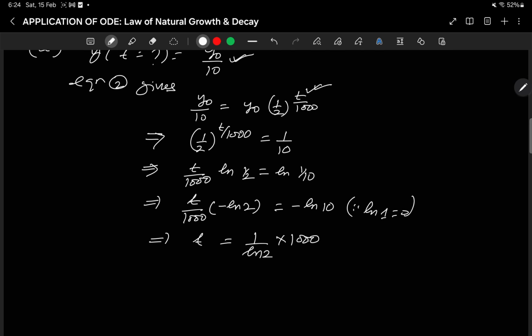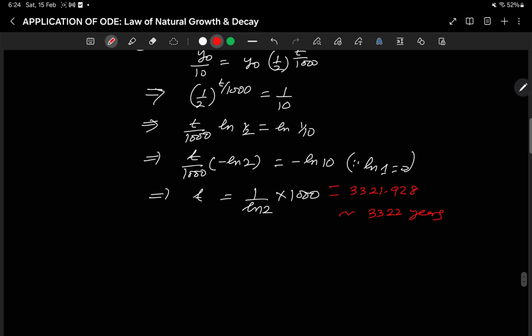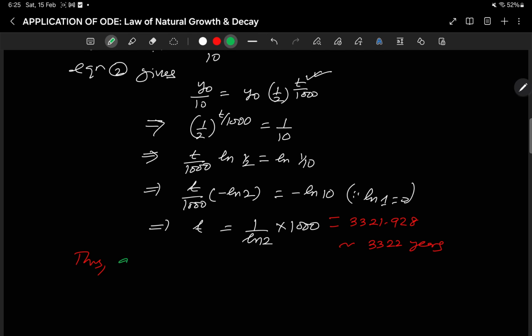So if you simplify it, it will give you 3321.928. So this is approximately 3322 years. Thus after 3322 years, only 1/10 of the original amount will be present.